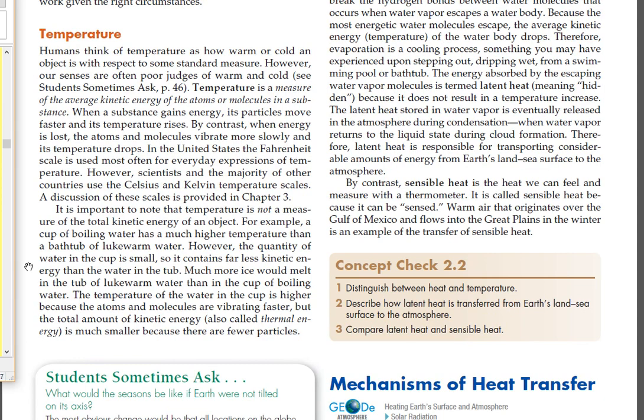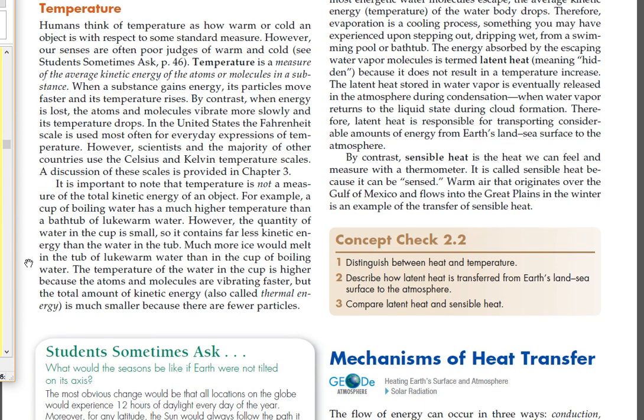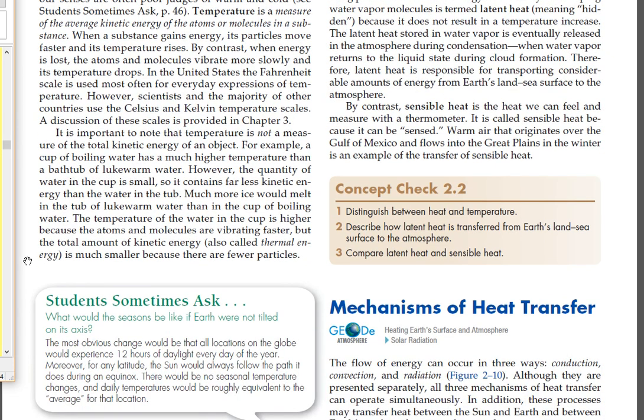Much more ice would melt in the tub of lukewarm water than in the cup of boiling water. The temperature of the water in the cup is higher because the atoms and molecules are vibrating faster, but the total amount of kinetic energy, also called thermal energy, is much smaller because there are fewer particles.